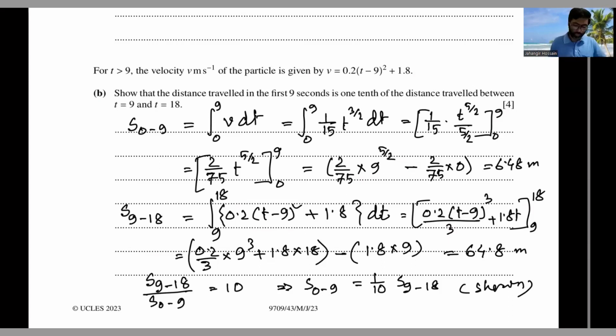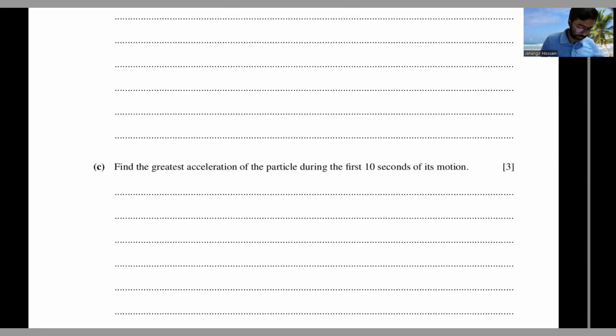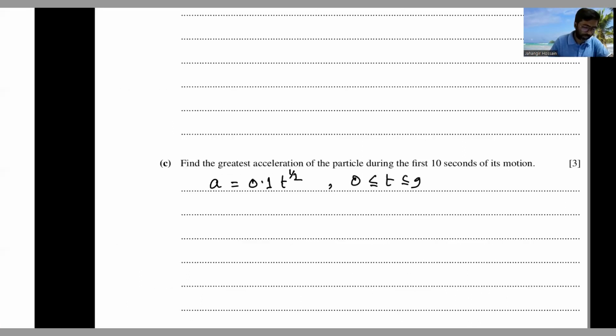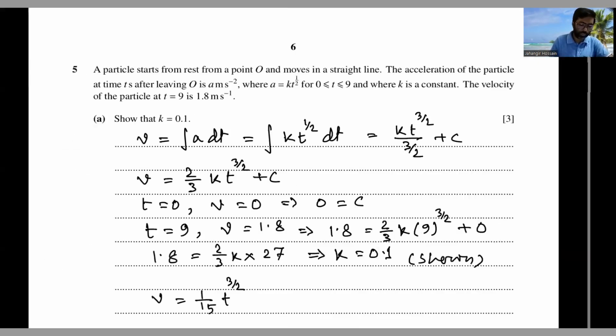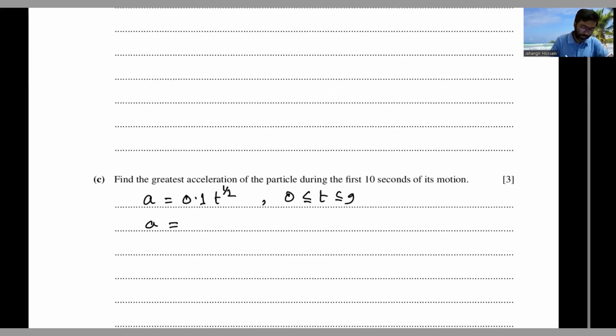Now let's move on to the next part C. Here we have to find the greatest acceleration of the particle during the first 10 seconds. Remember, the expression for acceleration is 0.1 t to the power half for 0 to 9 seconds. And the acceleration in the next period is dv by dt.